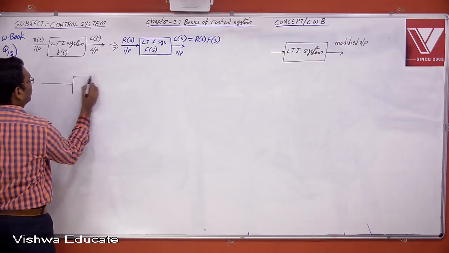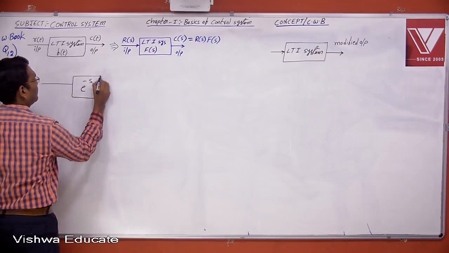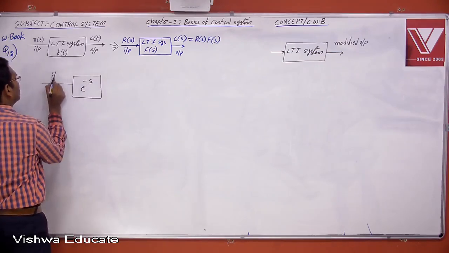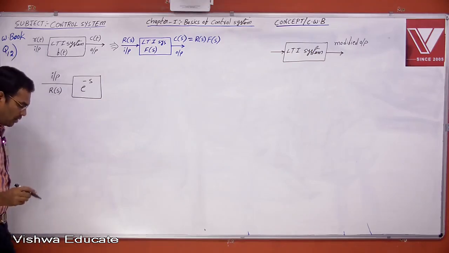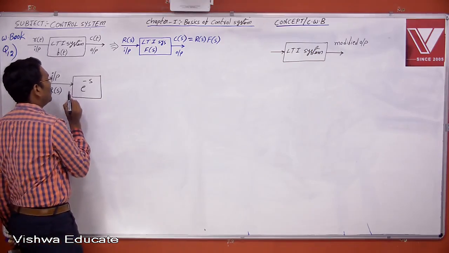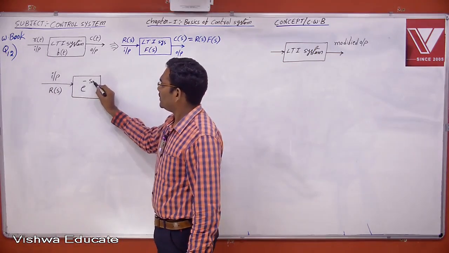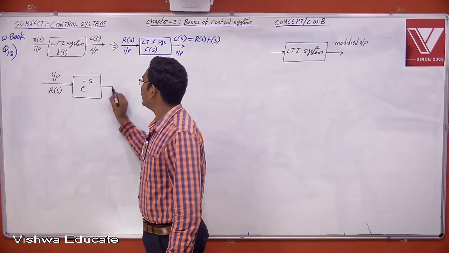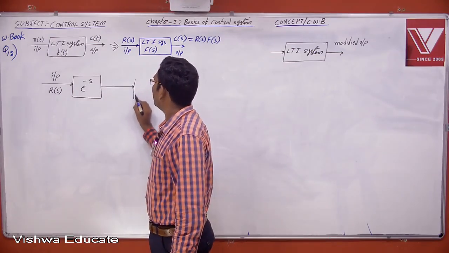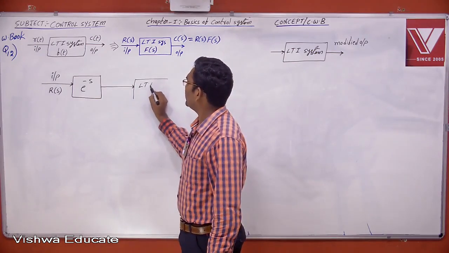Now the question is, the input is passing through a block having a gain of e power minus s. Now the input, which is nothing but R of s, is passing through a block. This is in S domain, therefore I take everything in terms of S domain. Then it is applied to the LTI system.